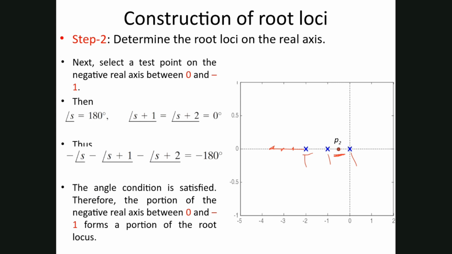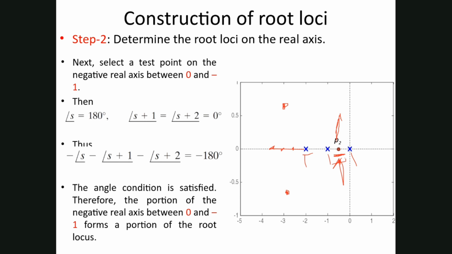So now, if I want to check whether any arbitrary point on the S-plane is a part of the root locus or not, it is done by the angle criteria. We have just now seen the two criteria, angle criteria and magnitude criteria. If any point on the S plane satisfies the angle criteria, then it is a part of the root locus for the given system. I'm repeating again, one is the angle criteria, the other is the magnitude criteria. Let's say I'll take one point over here.